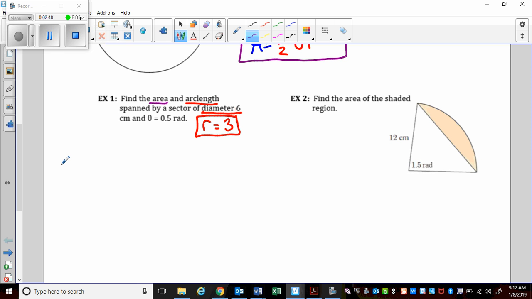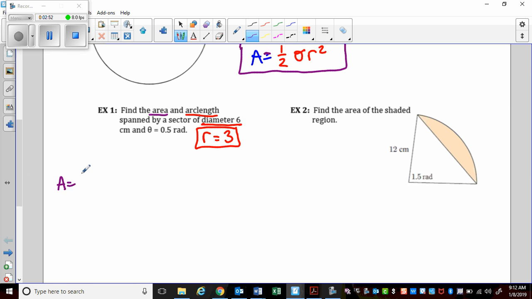So my area of a sector formula is 1/2 theta, when it's in radians, r squared. It's already in radians, so we have 0.5 times our radius squared.